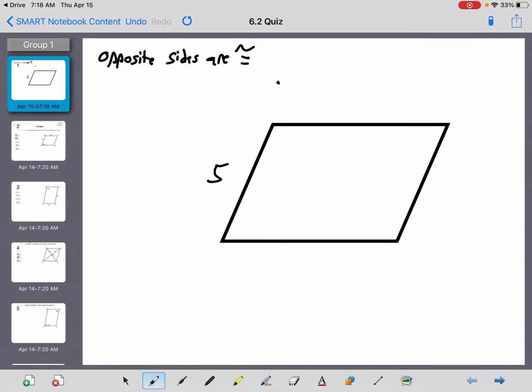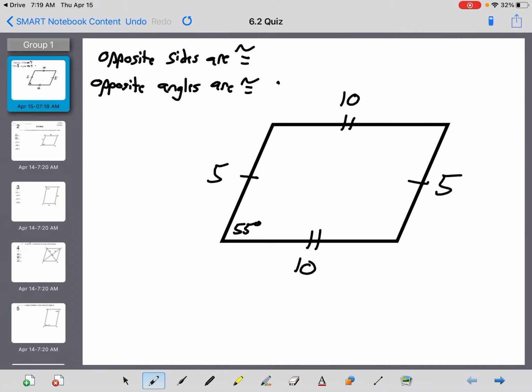That means that if the left side is 5, then the right side must also be 5. If the top is 10, the bottom must also be 10. Next, and to keep it with the same train of thought, opposite angles are congruent. So if you have an angle in here that's 55 degrees, that's congruent to its opposite, which is the other side.